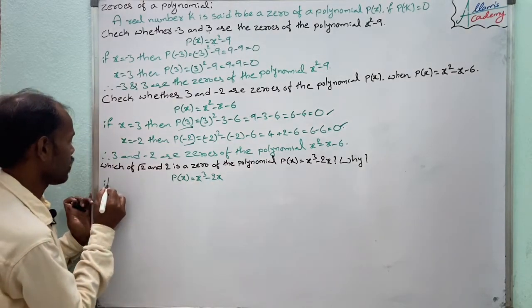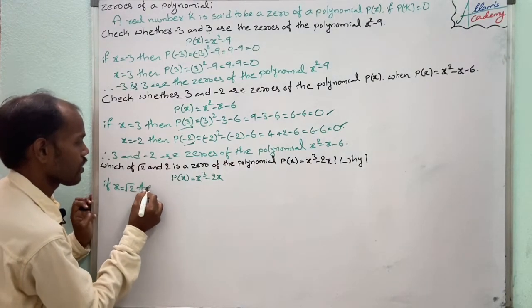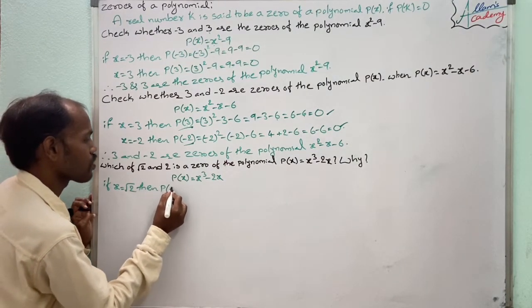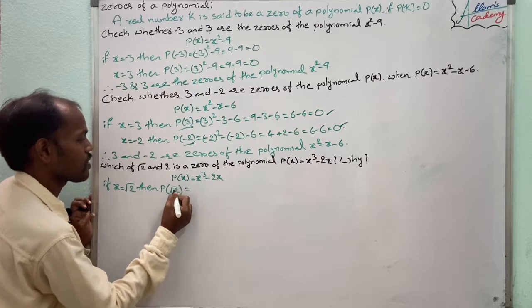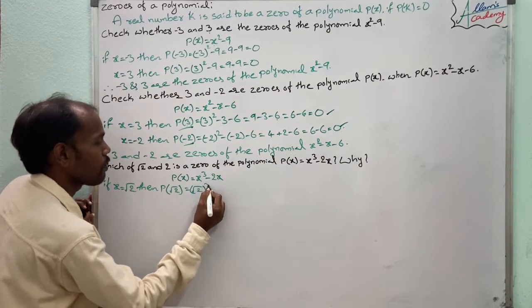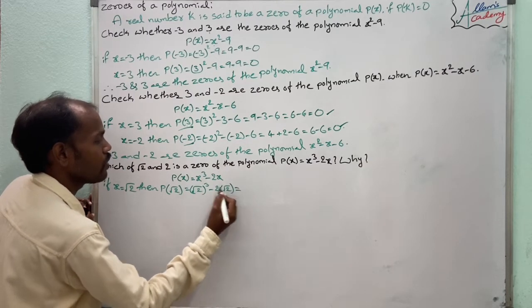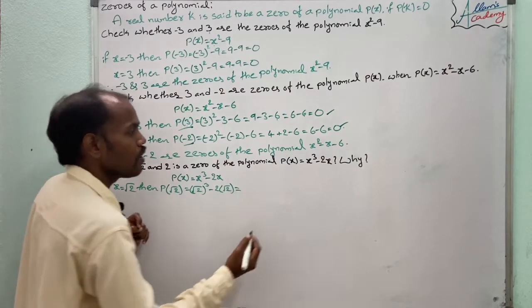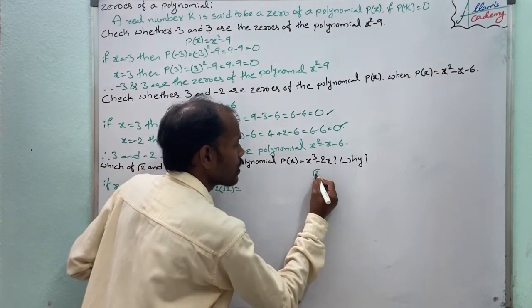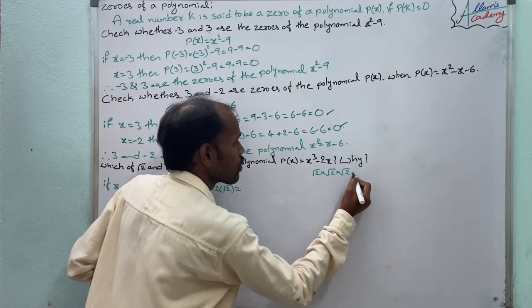Now substituting, if x equal to root 2, then p of root 2 equal to (root 2) whole cube minus 2 into root 2. Root 2 whole cube means root 2 is multiplied 3 times: root 2 into root 2 into root 2.